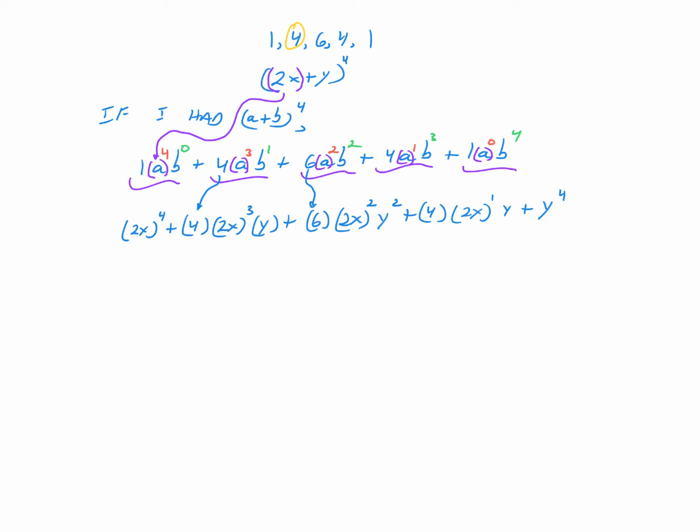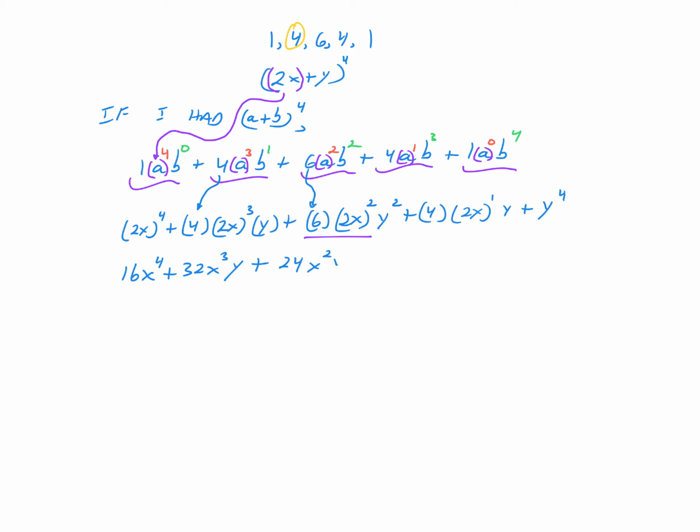So 2x to the fourth, that would be 16x to the fourth. Do you know why? Good. Plus, and I'm just going to say this, watch what I'm doing. 2 to the third is 8. 8 times 4 is 32. 32x to the third y, plus, now watch, I'm up here at this term. 2 to the second is 4. 4 times 6 is 24.